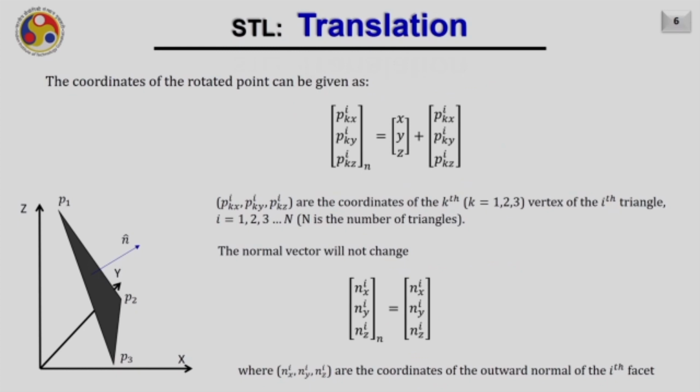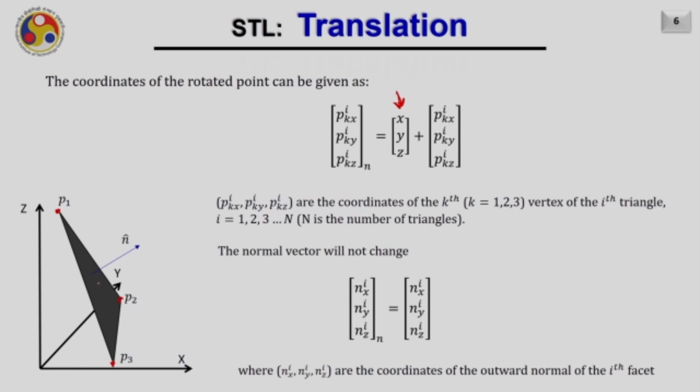In a similar fashion, you can do the translation also. As the triangles of the STL file consist of nothing but 3 points, the whole thing will move. We need to just add the vector corresponding to the translation.